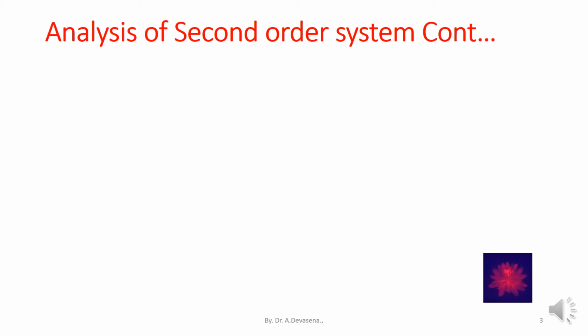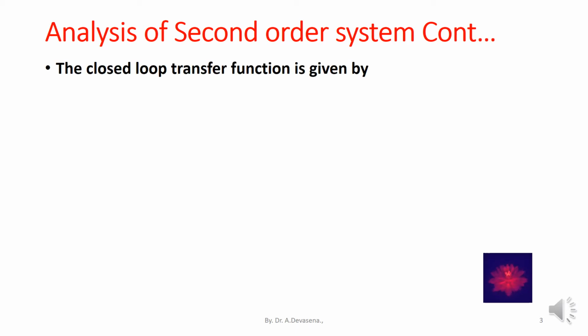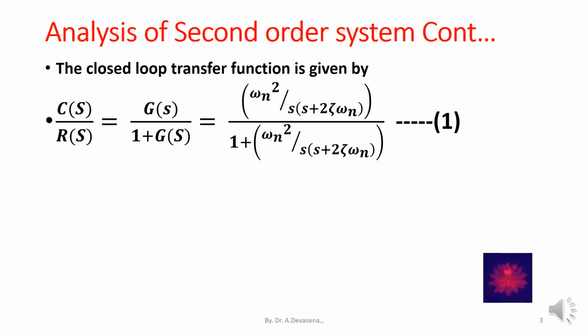The closed loop transfer function is given by the ratio of Laplace transform of output variable to the input variable, that is equal to G(s) divided by 1 plus G(s). In this diagram, we have considered that the unity feedback is applied. Therefore, the value of H(s) is equal to 0. So, the formula for calculating C(s) by R(s) becomes G(s) divided by 1 plus G(s).